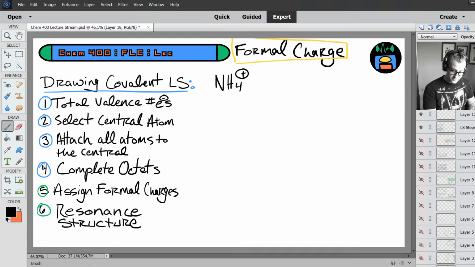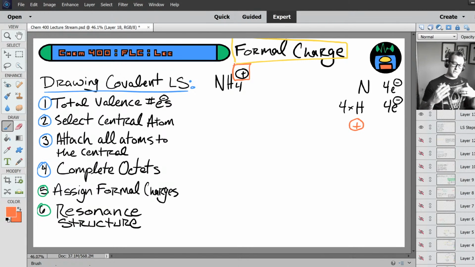All right, step number 1, we have to total our number of electrons. Hydrogen has 1 valence electron, but since we have 4 in play, all of our hydrogens together will bring 4. Now, how do we deal with this positive charge? Well, if you have a charge of positive 1, that means you have 1 fewer electron than you should have in the structure. You're essentially missing 1.